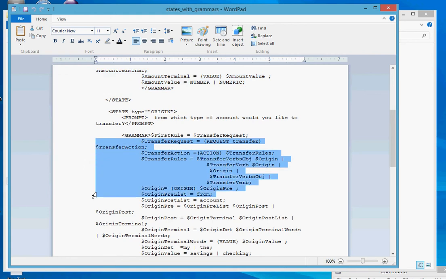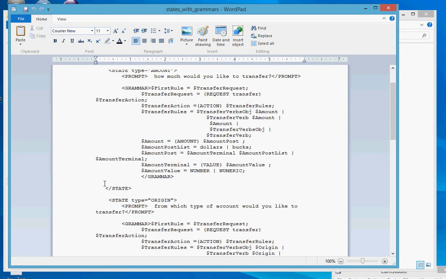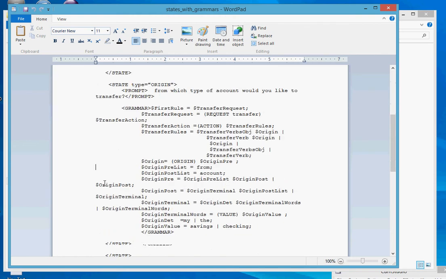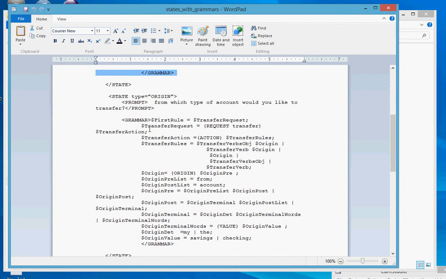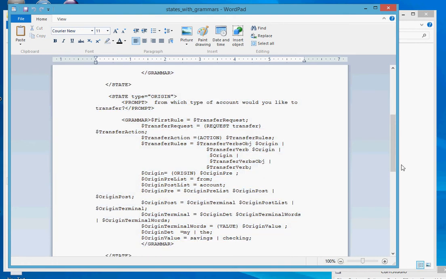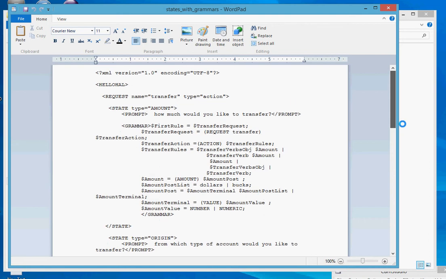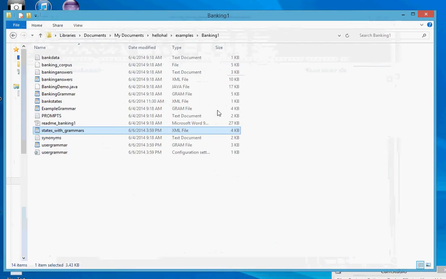These embedded smaller grammars allow the system to be very specific, to focus on the particular state when the users are specific about it. But if they are broader, then we have that other broader grammar. So more about that in other tutorials.